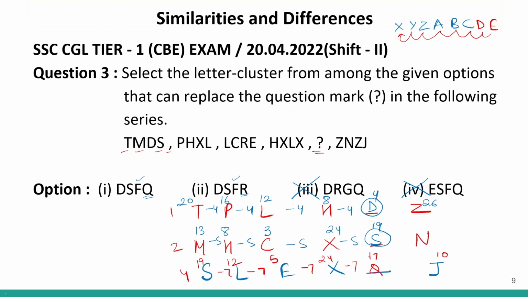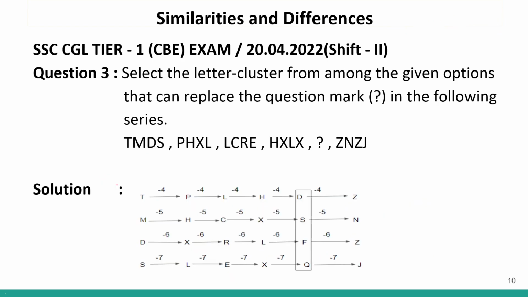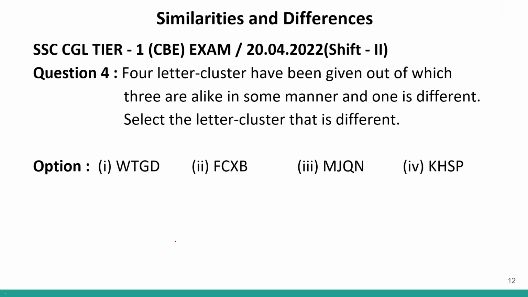The fourth term will be Q, and the fourth term Q is in option number 1. So DSFQ will be the code. So my answer will be option number 1, DSFQ. Over here you can look at it: first minus 4, then minus 5, then minus 6, and then minus 7. This is how we go in this particular series.